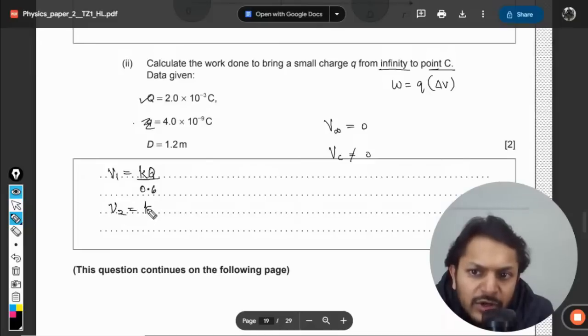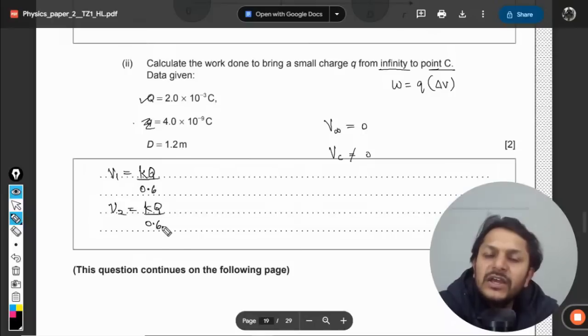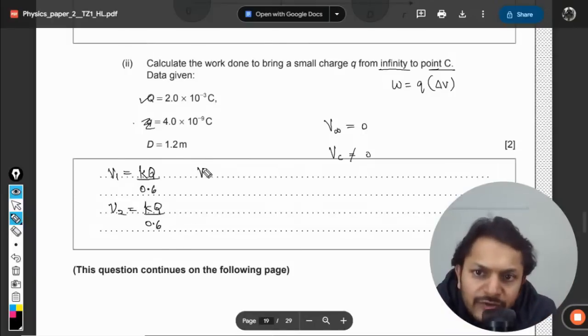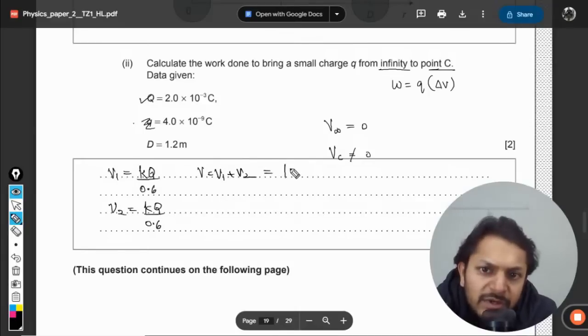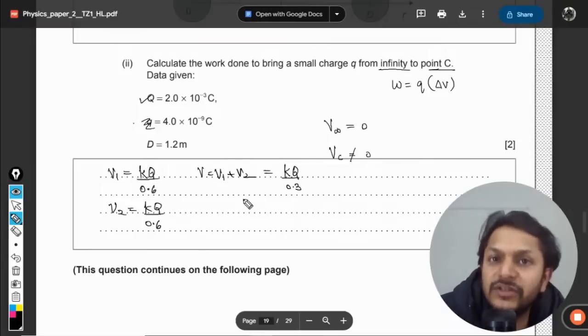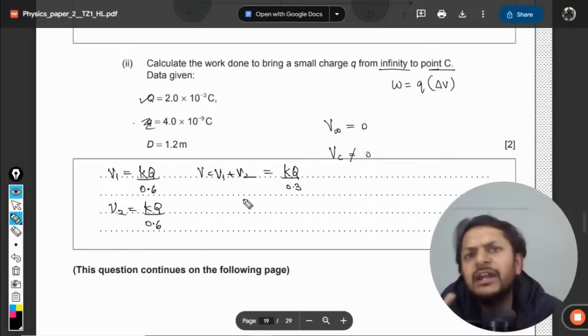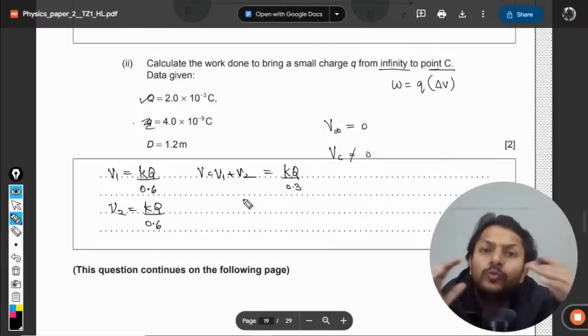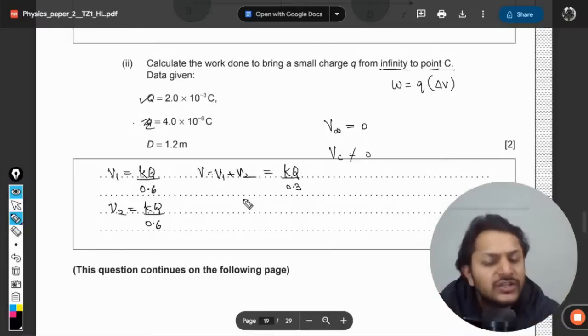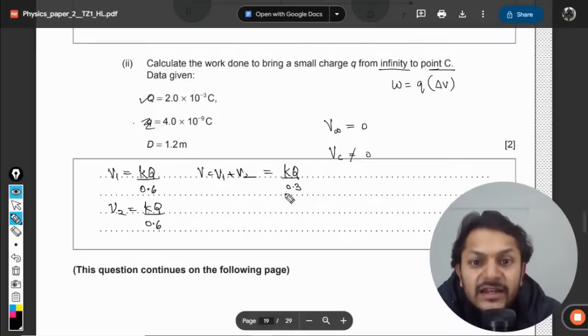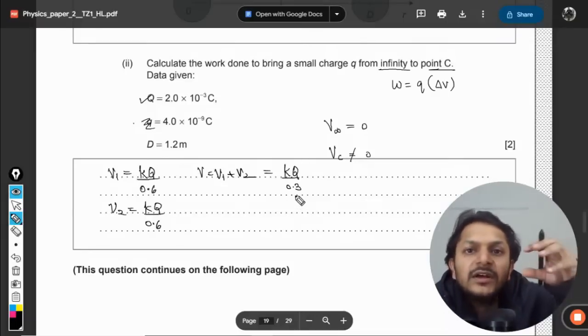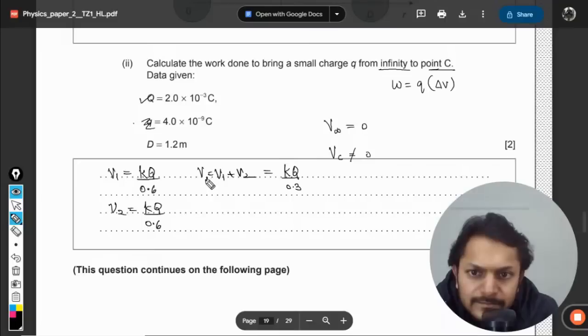Now the potential because of the second is also going to be exactly the same. So V1 is equal to V2, and now we add them. Our total potential is V1 plus V2, which becomes KQ divided by 0.3, because it is multiplied by 2, as there are two potentials, V1 and V2. So this is the net potential at C, isn't it?